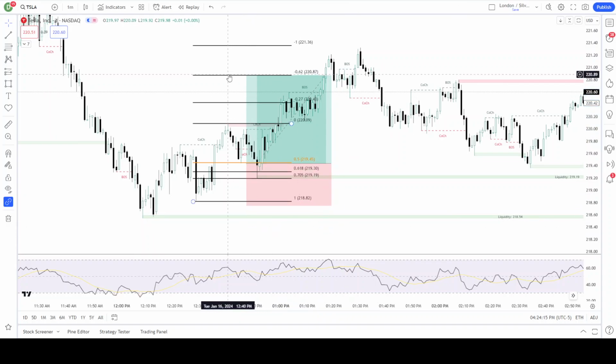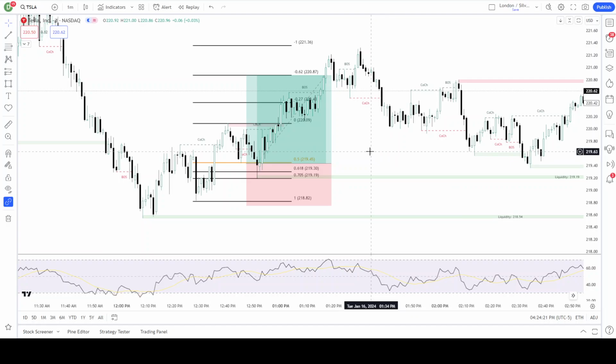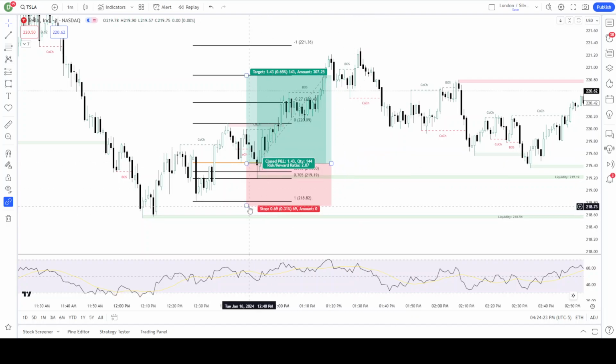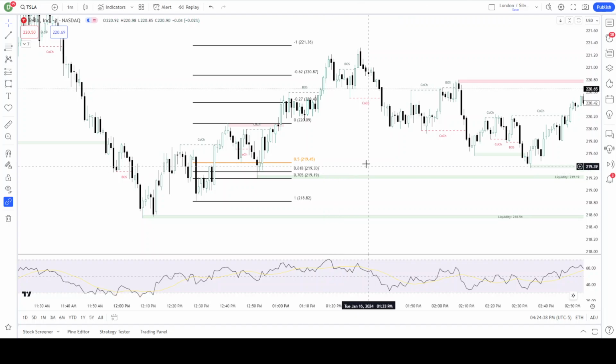I was targeting the TP3 or the negative 0.62 on the fib extension, which is a lot of times what Tesla will hit. So then I set my stop loss according to the 2-to-1 reward versus risk ratio, and the play ended up hitting and exceeding by a little bit. Came back up and took another swing at that top before it ultimately sold off from there.